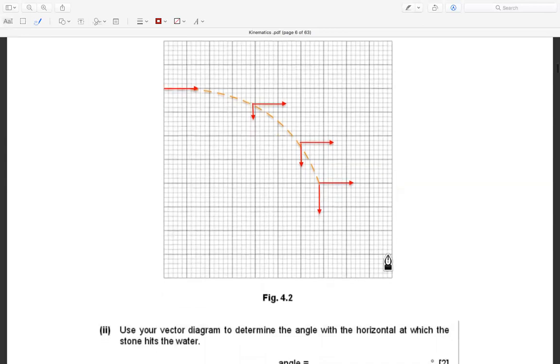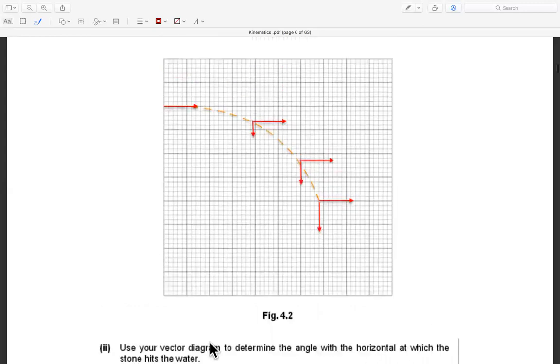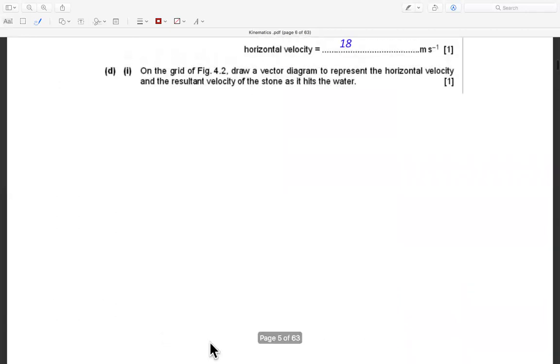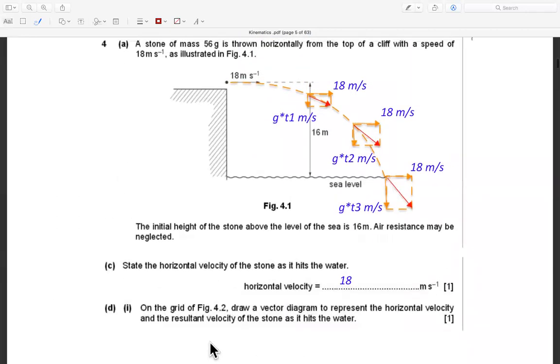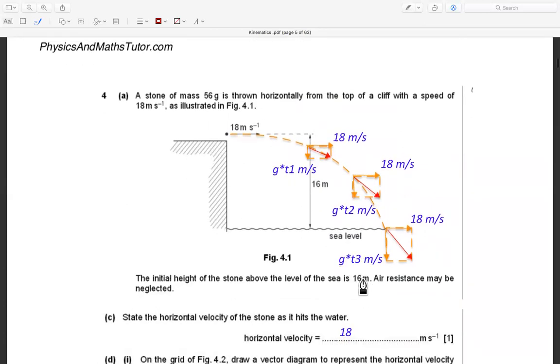So they ask me to use your vector diagram to determine the angle with the horizontal at which the stone hits the water. Maybe we use tangent. We have 18 on the horizontal speed, and then we have 16 meter.